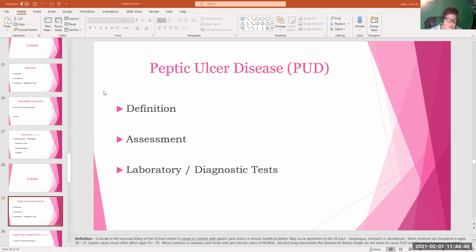The abdominal pain is classic: the gnawing, burning, aching in the epigastric region that can radiate to the back, occurs when empty, usually relieved by eating, and can cause nausea and vomiting. Complications include GI hemorrhage or perforation that can lead to peritonitis.